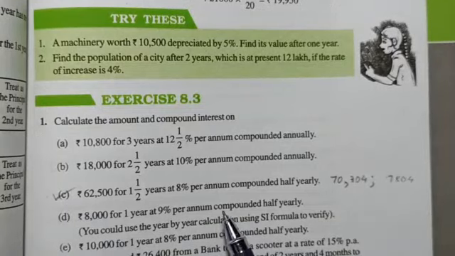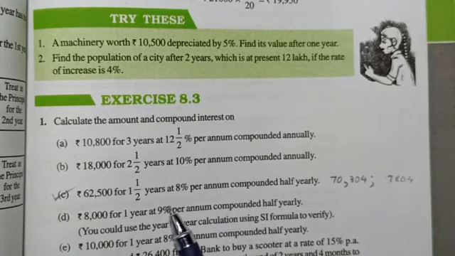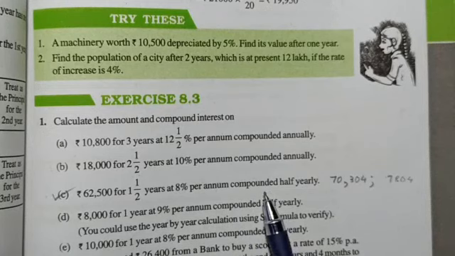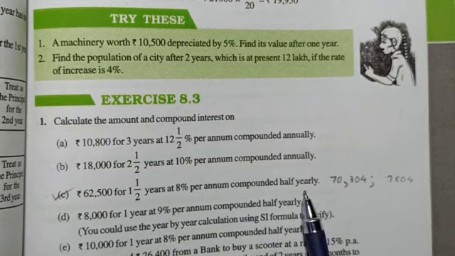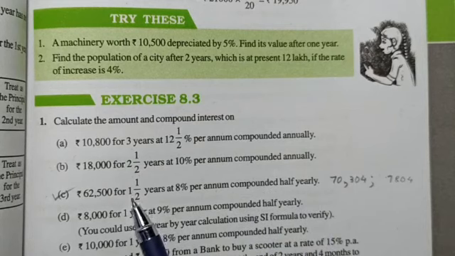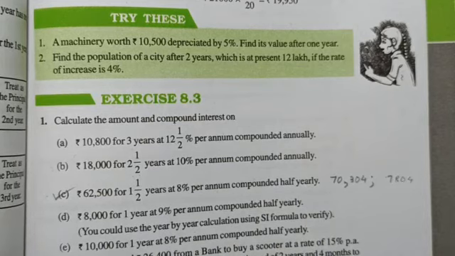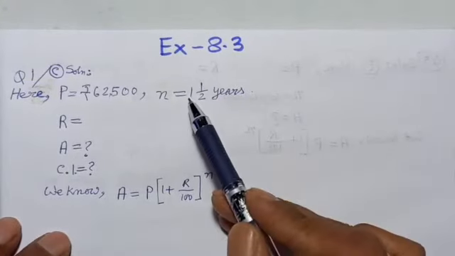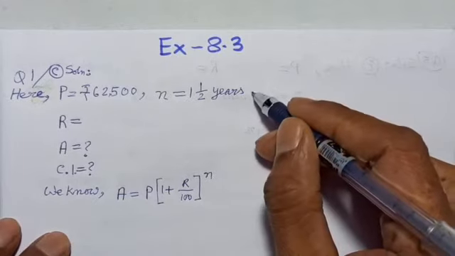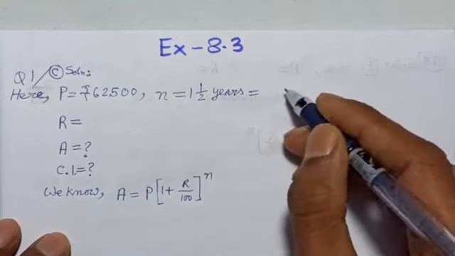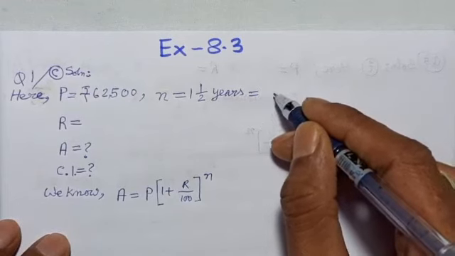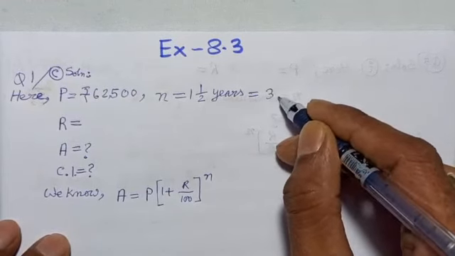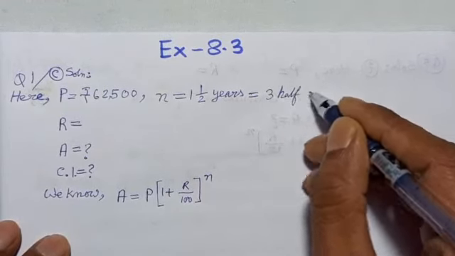Since this compound interest is compounded half yearly, we have to convert the time 1 1/2 years into half yearly. In 1 1/2 years there are 3 half years.